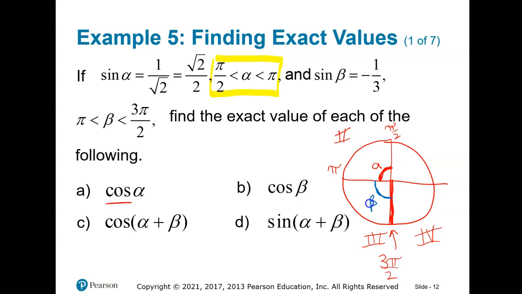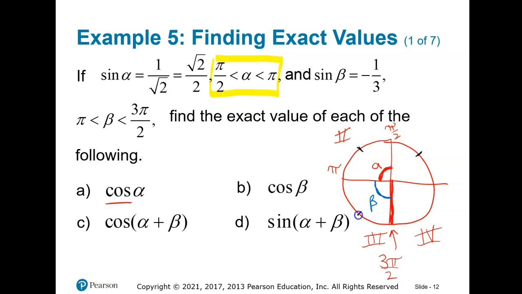Right. The reason why this is so important is because when we multiply these angles together in the formula for part C and D, we need to know what the sine and cosine are in these quadrants. All right, if sine is 1 over the square root of 2, cosine is plus or minus 1 over the square root of 2, or the square root of 2 over 2, because remember that happens at all these 45-degree angles.